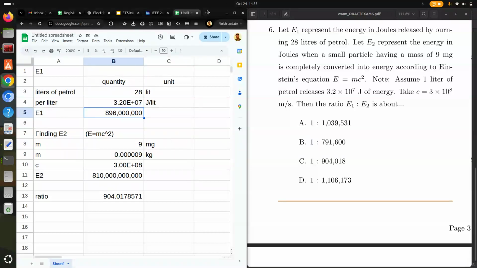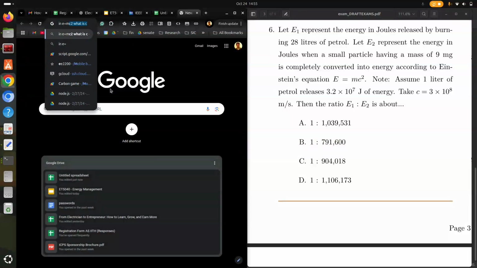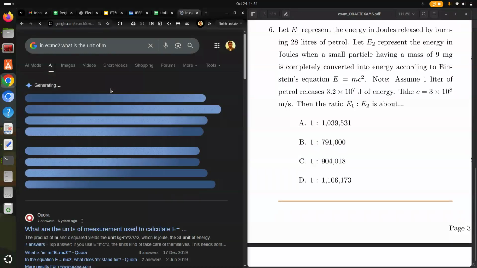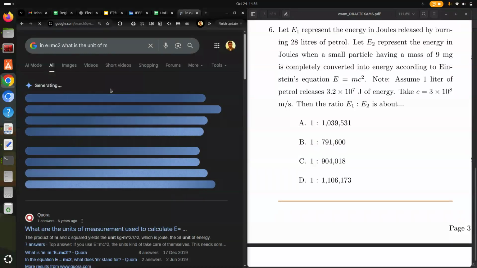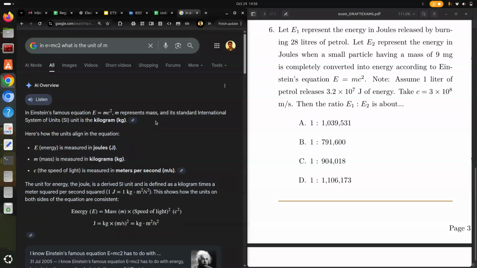So now we just need to verify, in E equals mc squared, what is the unit of m? It should be in kgs only: kg meters per second squared.